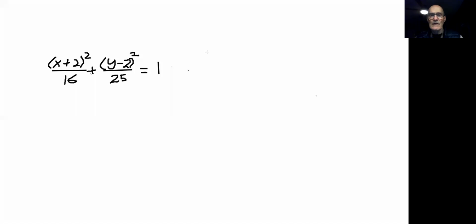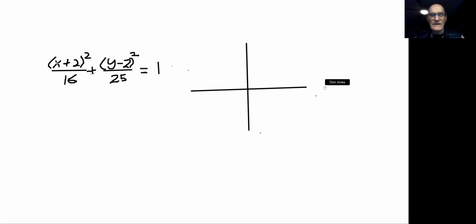So if we look at how we go from here, we would draw our axis, and then we look. So you see the center is h and k. So in this case, the h value is minus 2.